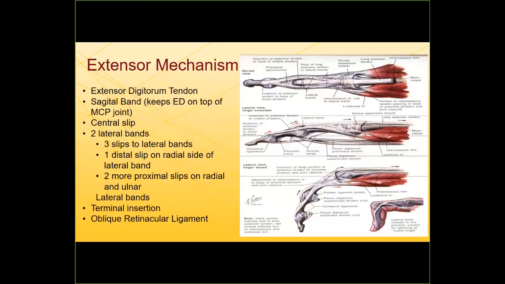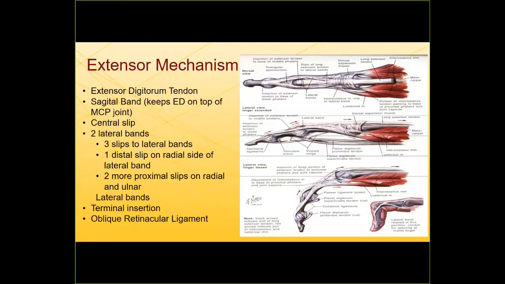And then we have the terminal insertion. So these lateral bands come back together and insert on the base of the distal phalanx. And the last piece that we have is called the oblique retinacular ligament, which I'll get into in the next slide or so.